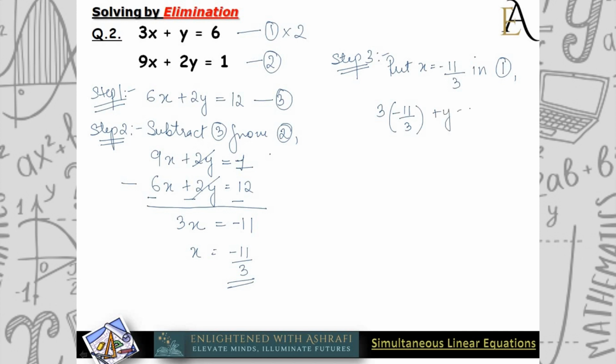So that is much better. So you get minus 11 plus y is equals to 6. y is equals to 6 plus 11. y is equals to 17. Therefore, x is equals to minus 11 upon 3, y is equals to 17.